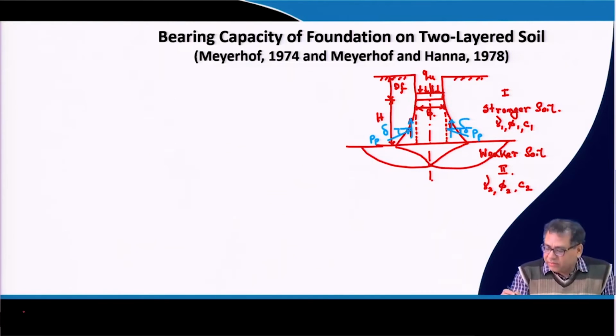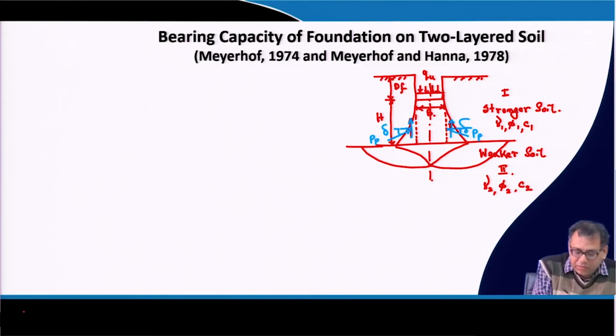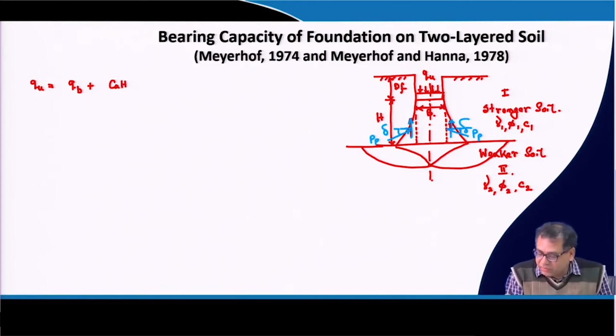Now, how will I calculate the qu? So, qu will be your qb plus Ca into H. Ca into H is what? H is the thickness of this soil below the foundation.